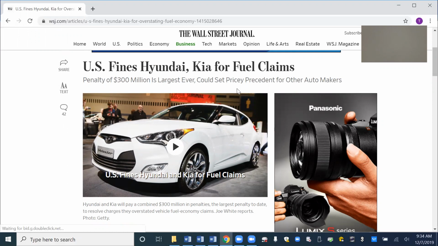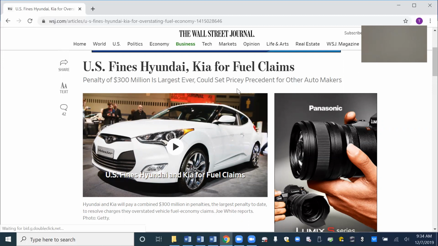Up to this point, it had been the biggest fine ever assessed against an automaker. Of course, Volkswagen later blew that one out with what they pulled, programming things to beat the testing at the smog tests, blatantly.